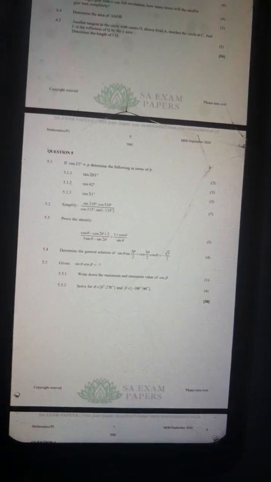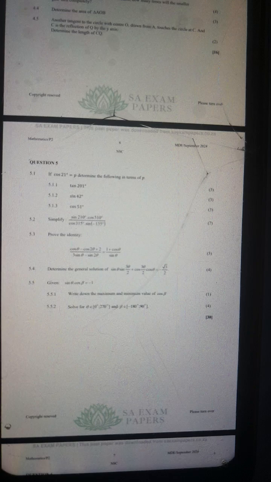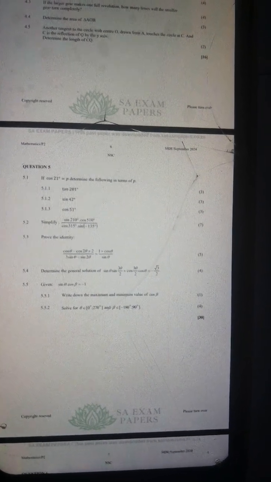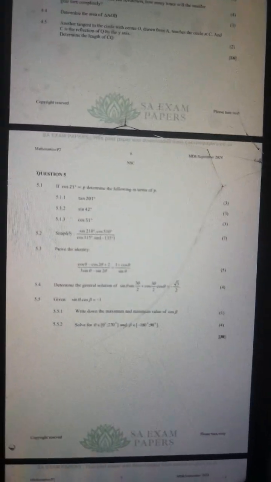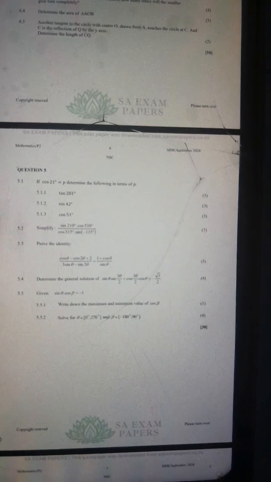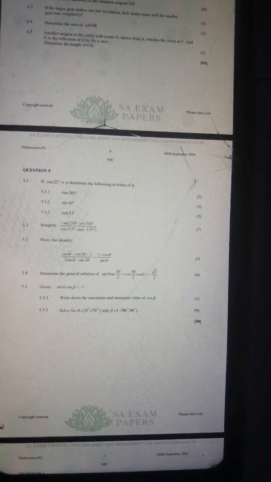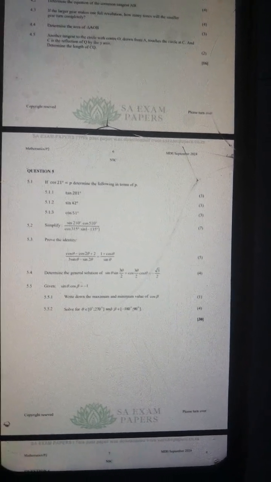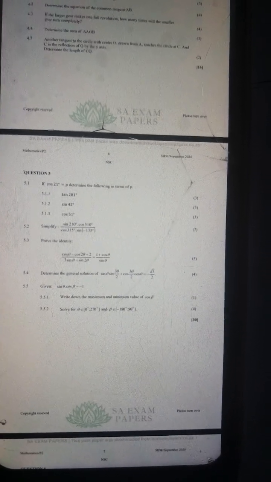I can see we're supposed to look at 5.1.2, which is sin 42. We can see, guys, sin 42 on its own, let's try dividing by 2. It gave us 21. It's a double angle, it can't be a compound angle, and we can't reduce it, right? So I think the best way is to use a double angle in this case.